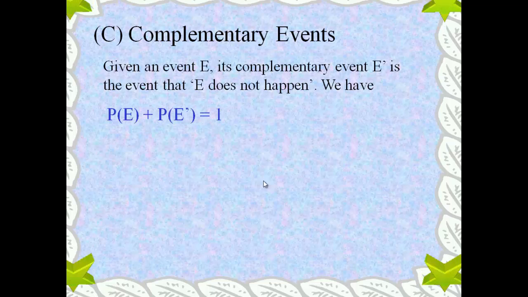Complementary events are where if one event happens, then there's an event that doesn't happen. So for example, if we say event E happens, then its complementary is that it doesn't happen. And in this instance, this is always the case. The probability of E happening plus the probability of E not happening is 1.